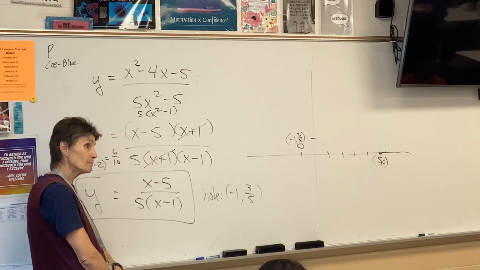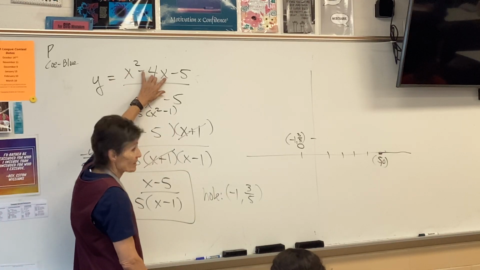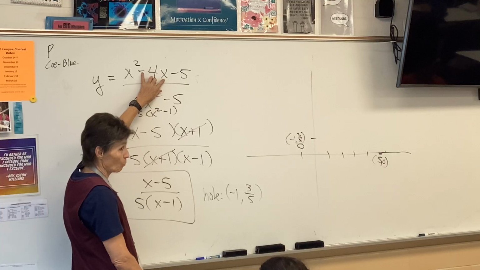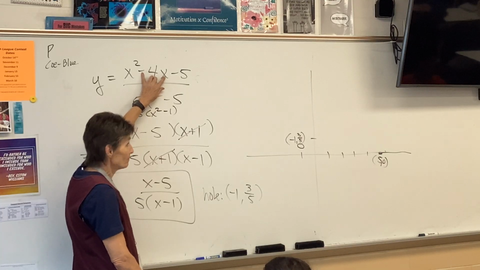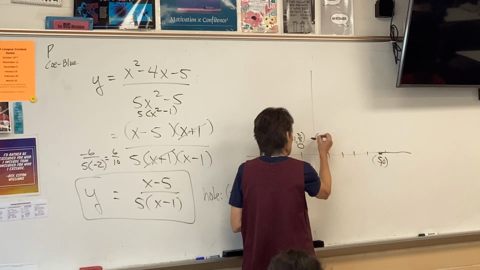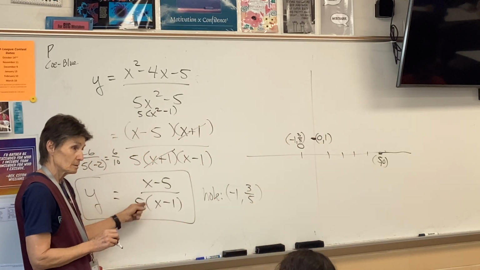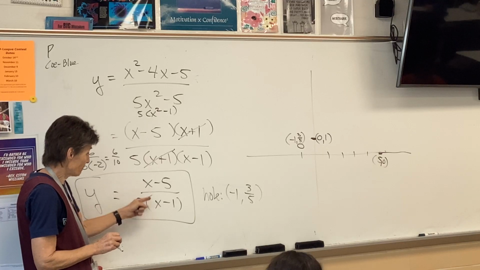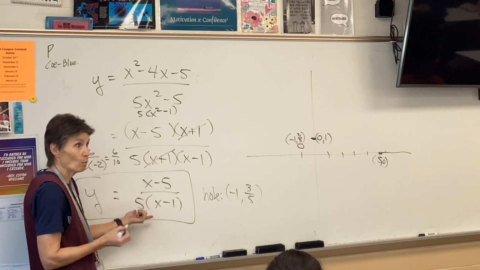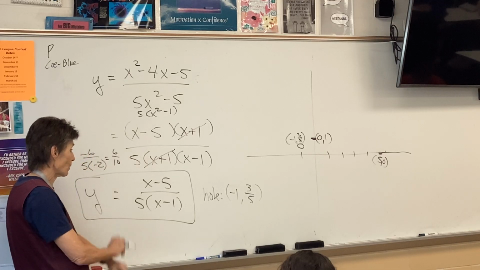I like to do that. If I put zeros in, I just get 1, don't I? Okay. So I like to do that. You will get the same answer if you put zeros in here. You get -5 over 5 times -1. That's 1, okay. What else do I have?